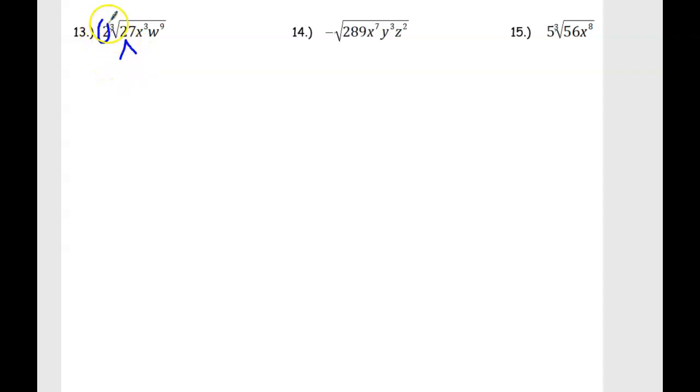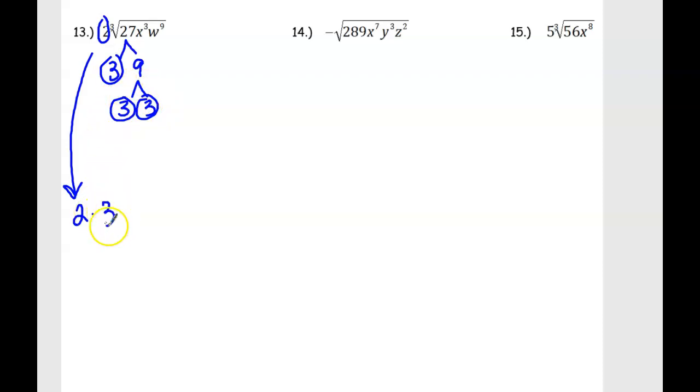So I'm going to bring down my 2. I'm looking for triples. 3 times 9, 3 times 3. In this case, I've got 3 3's, so I'm just going to pull that out. I don't have anything that goes inside, but I might have some variables. I've got x to the third.